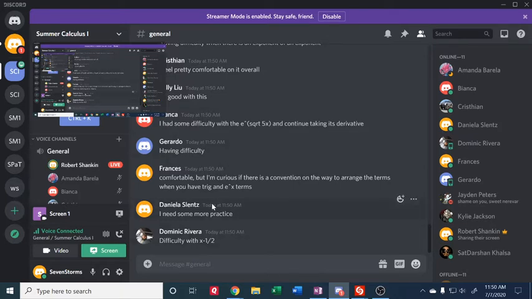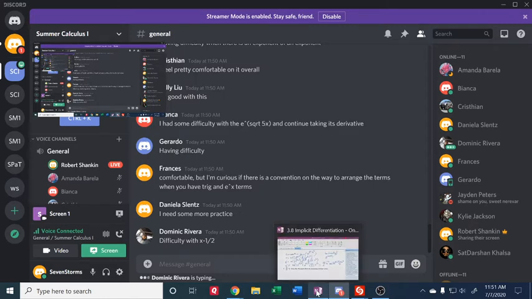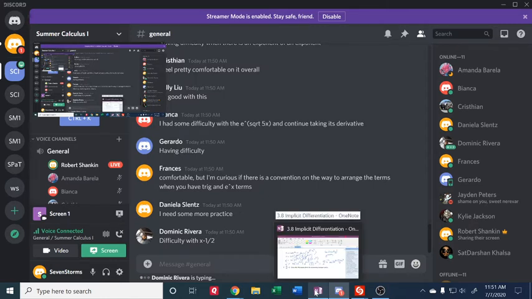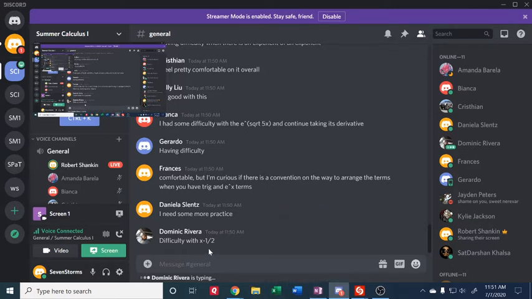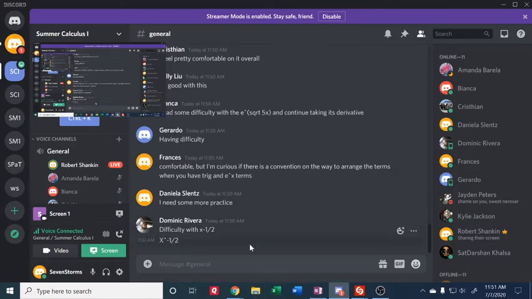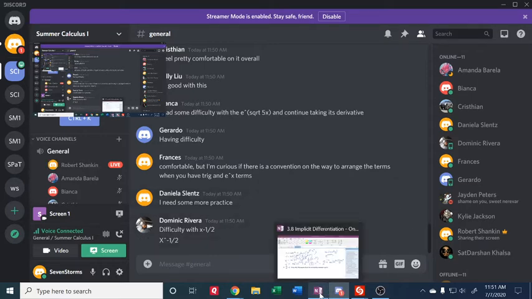Okay, Francis wonders if there's a convention in the way to arrange terms, if you have trig terms and exponentials. Not really. Some people put the trig terms in front, some people put the exponentials in front. Usually the simpler functions first and then the more complicated ones later on. Difficulty with negative exponents. Okay.